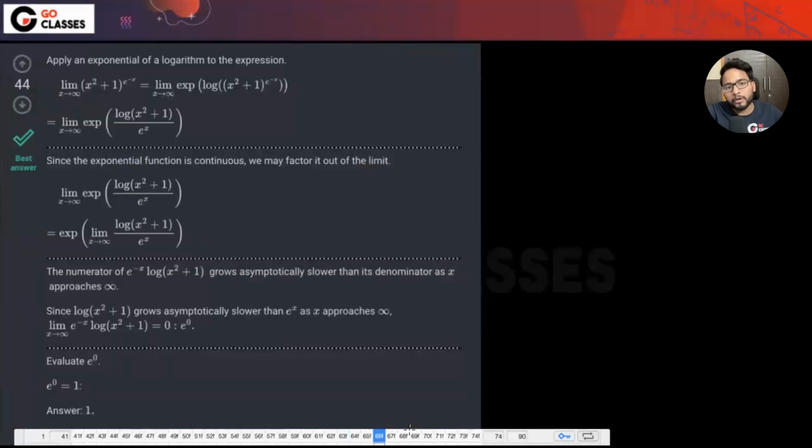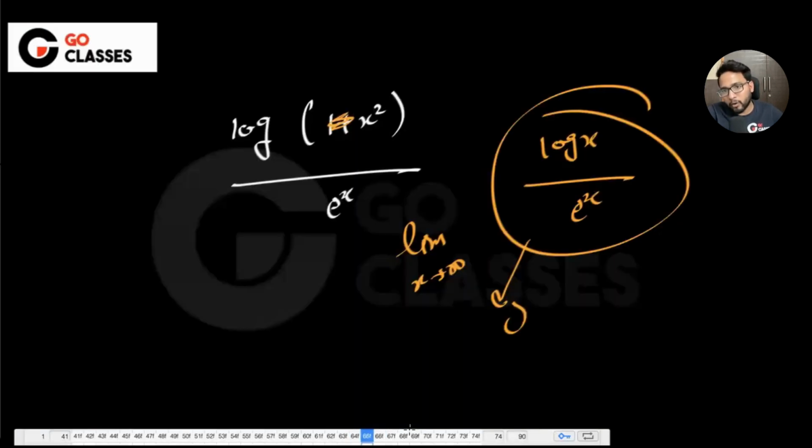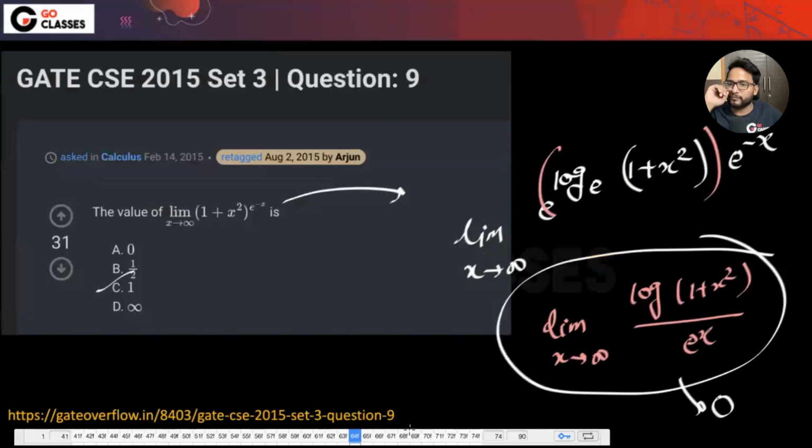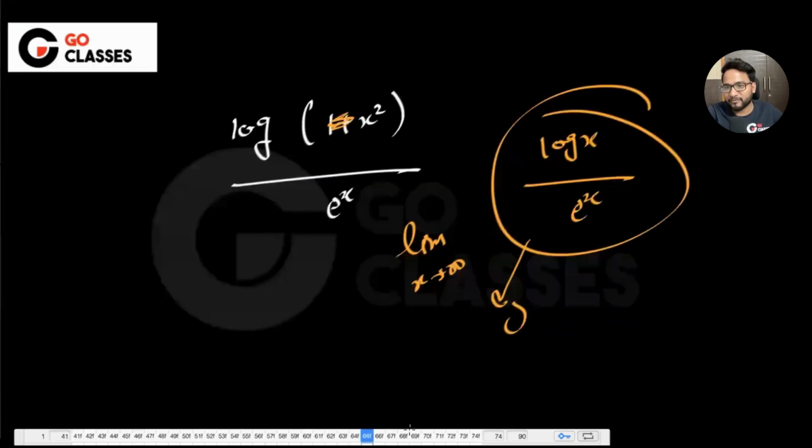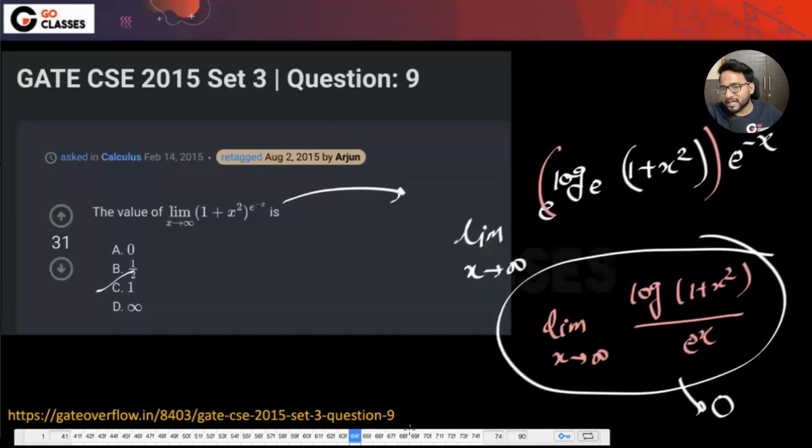So what you can do, you can just go to the GATE Overflow, and on the GATE Overflow, you can write these kind of things. You will get many upvotes. I'm sure about it. Just write that intuitively this quantity is 0, and explain why that is the case. Okay. And then within 1 year, you will be famous. So these are the small things. Just write on the GATE Overflow. It is actually helpful for others also. See, I cannot write it because there are too many things that I have to do.